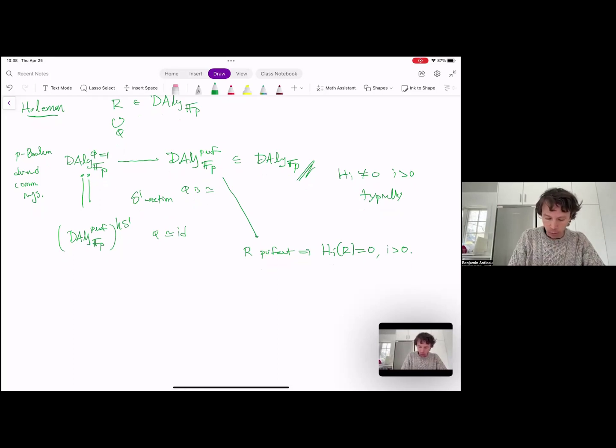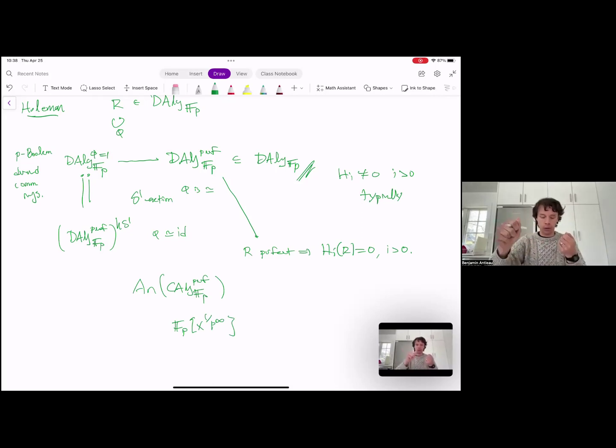If you take perfect F_p algebras and you animate this category, by which I mean this has some compact projective generators given by finite tensor products of this basic one, the perfect polynomial ring on one generator, you can use the usual animation trick, basically given by simplicial commutative perfect polynomial rings.